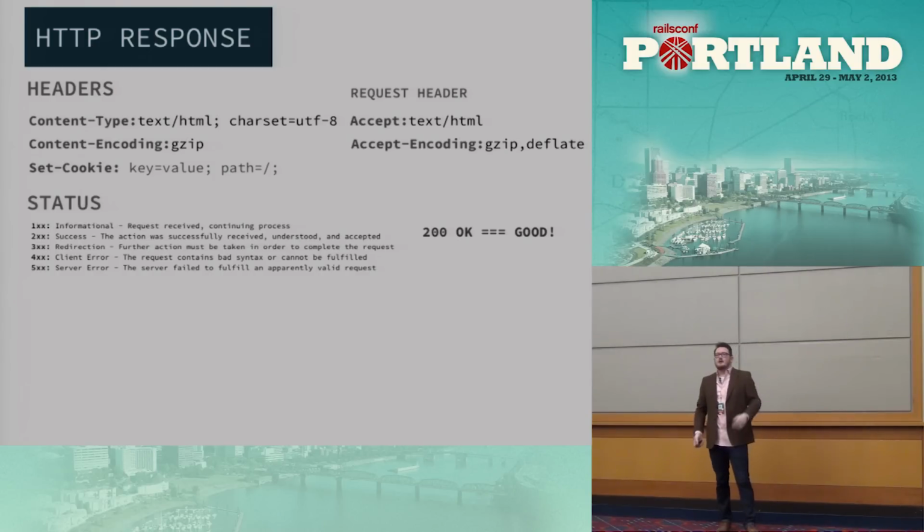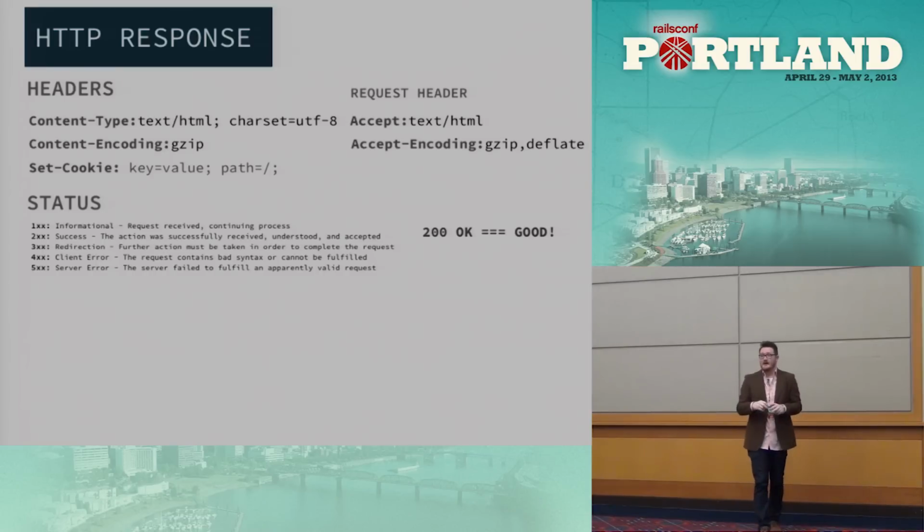400s, client error. If you have a form that you want to have validation working on, you push it up to the web server, it says, hey, this isn't valid. You've completely screwed this request up, and you want the server to tell the browser that, hey, this is specifically what this error is, not that the database is offline or the data center is burning down or something.